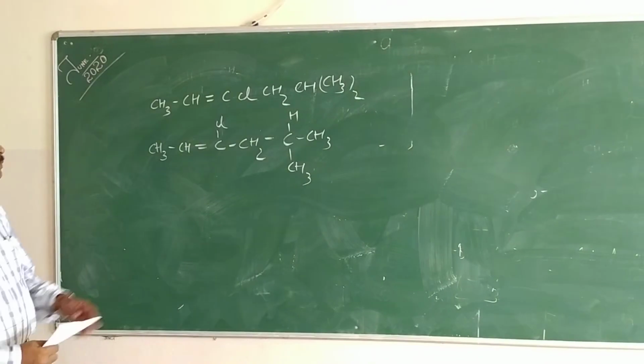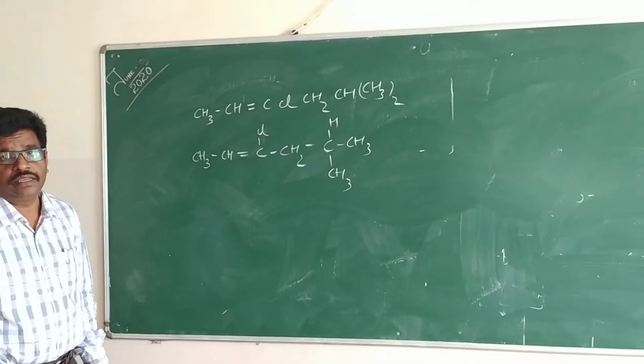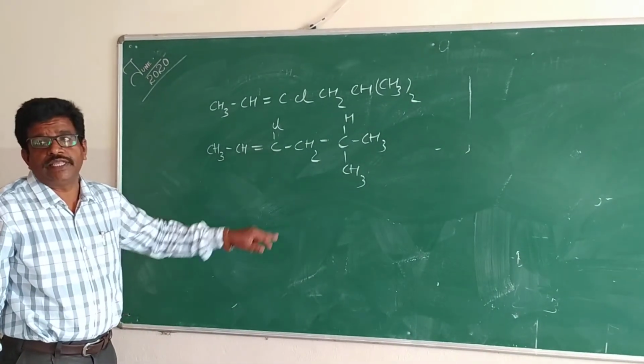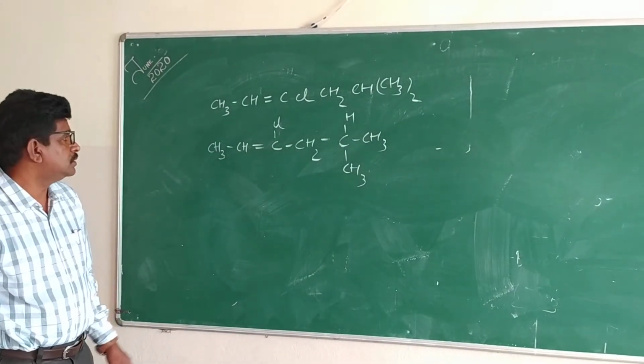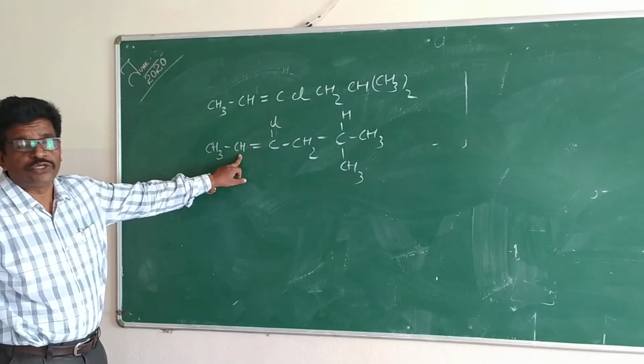So you can see double bond in this. So the parent compound is an alkene. In this case, carbon carrying the double bond should get the lowest number. So you have to start from this end so that this carbon will get 2.